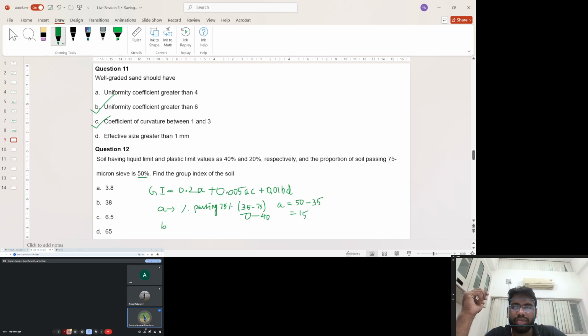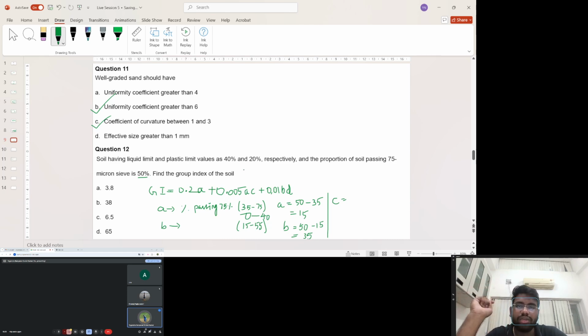Now similarly for b, the range is from 15% to 55%. So b will be 50 minus 15, that will be 35. And for c, we need the liquid limit.